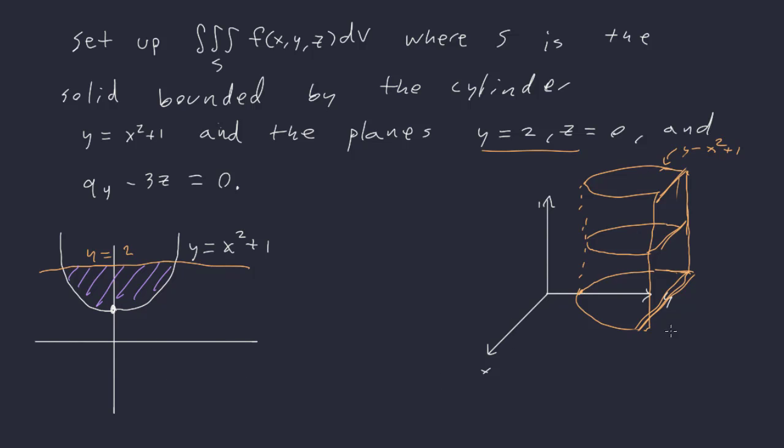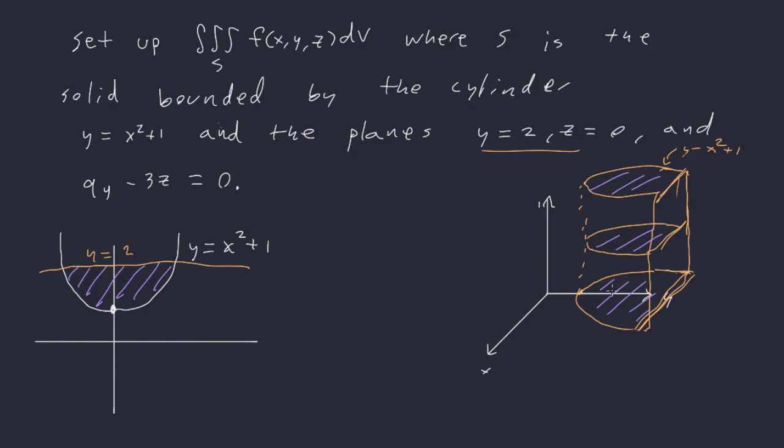So we're taking this purple region and stacking it on top of each other. Okay? All right, so there's this cylinder and this plane, y equals 2, and then z equals 0.